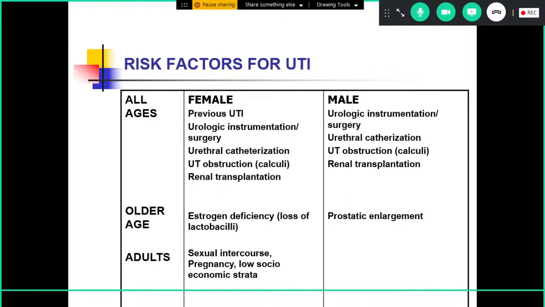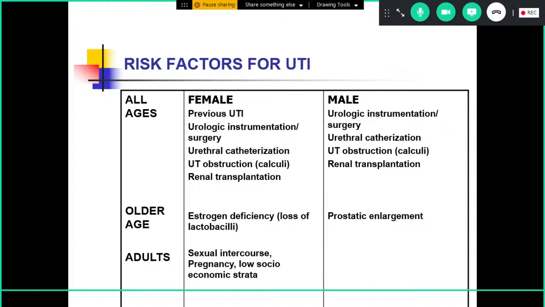The risk factors for UTI, briefly, to show you that in all ages, I have already talked about it: in older women it is estrogen deficiency, and in men it is prostatic enlargement, and in adult females, various factors like lack of hygiene can contribute to it.